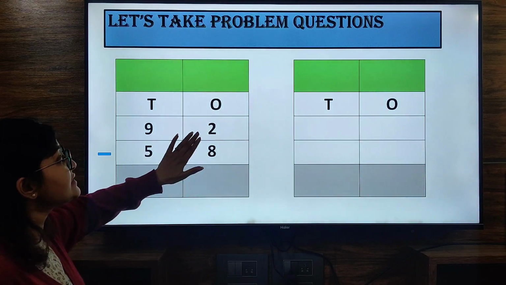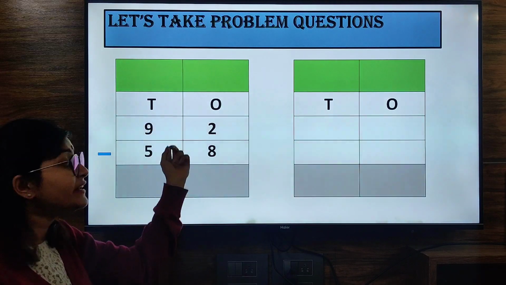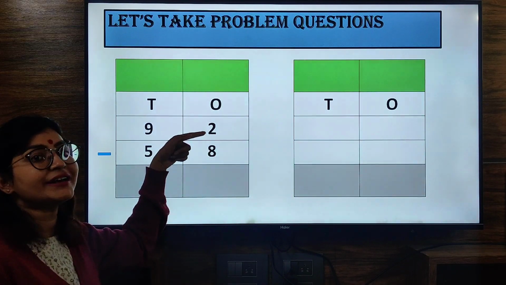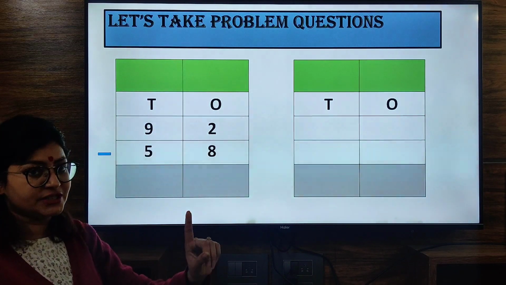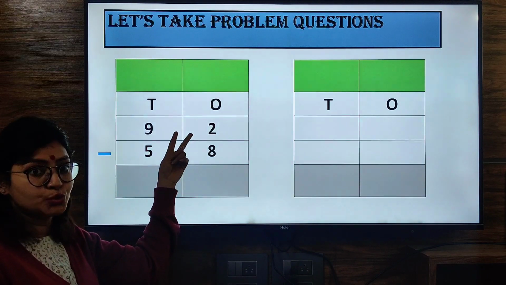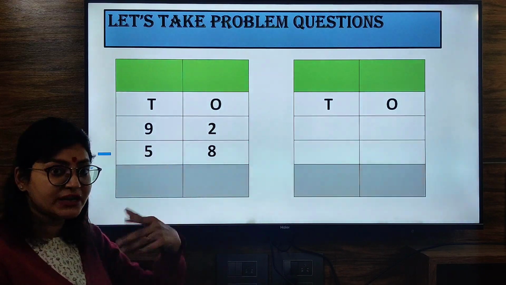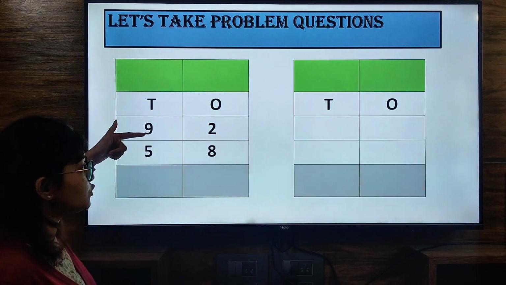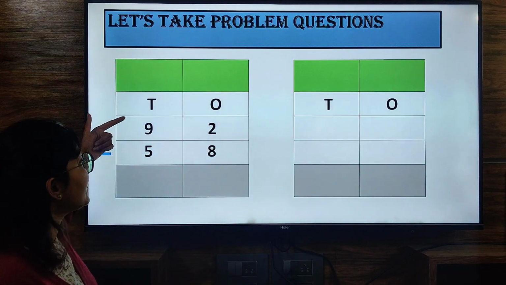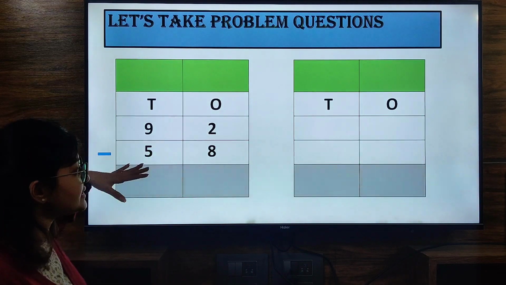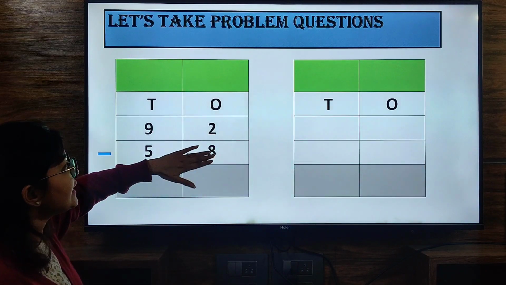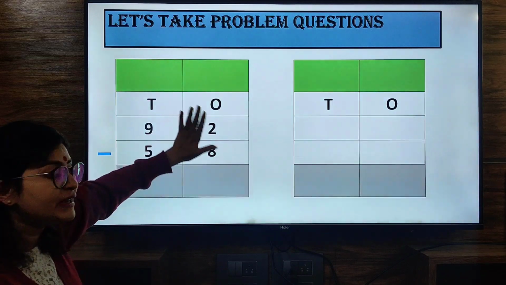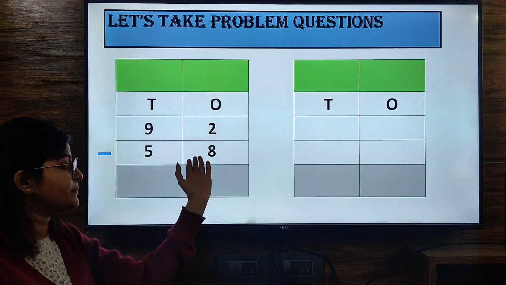But this 2 is just part of a number. This 2 is not a number here, it's a digit. Our number is 92, so 92 is bigger than 58, so I have kept that rule in my mind. 92, which is the bigger number, is on top, and 58, the smaller number, is at the bottom. These are the digits that have been kept in separate columns.